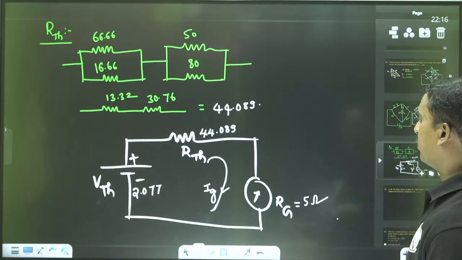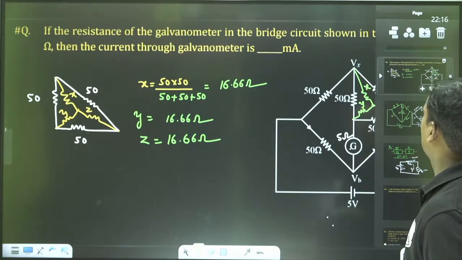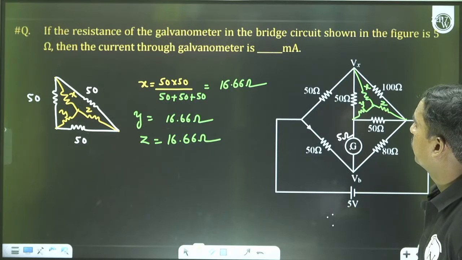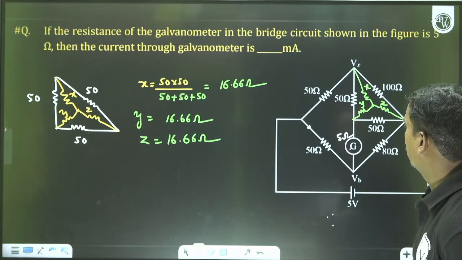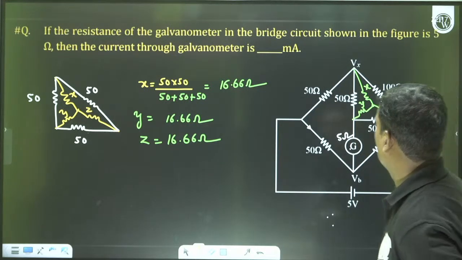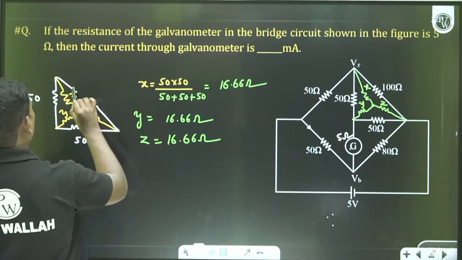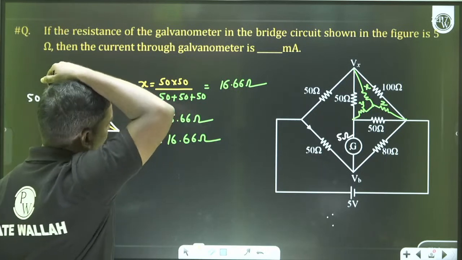How much are we going to get? Check it. It's 15 to 100, a mistake here. So this is 15 to 100, we have to take it, not the same.